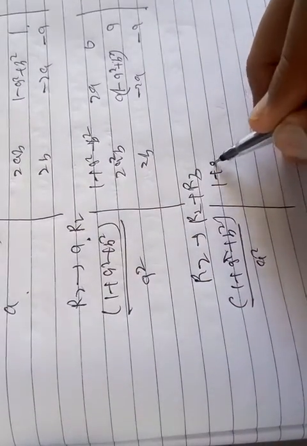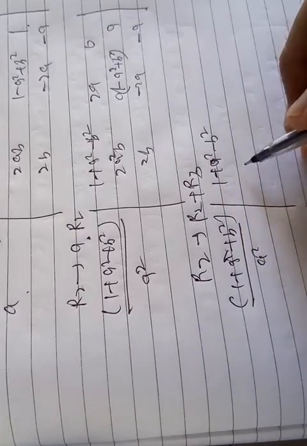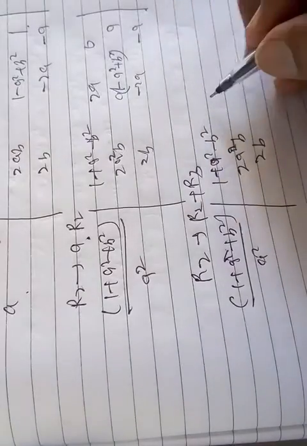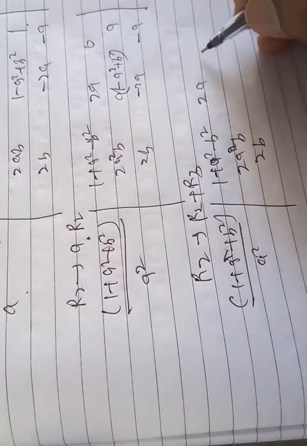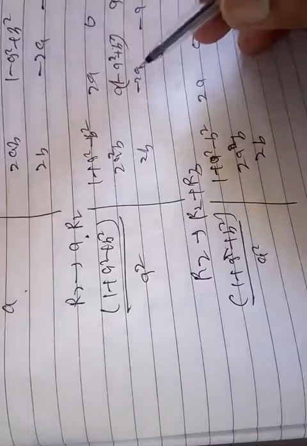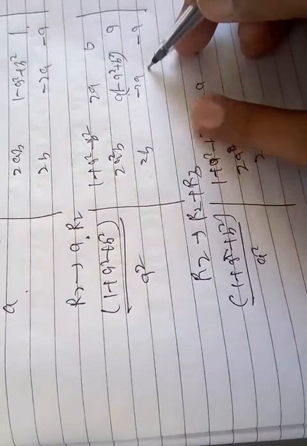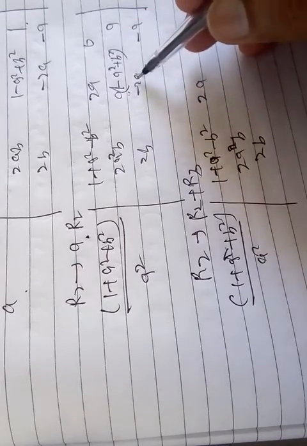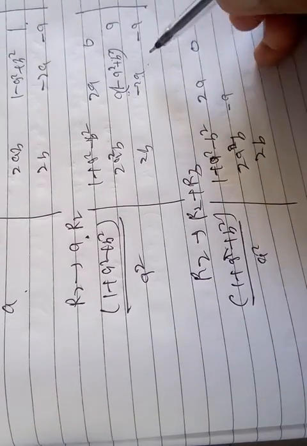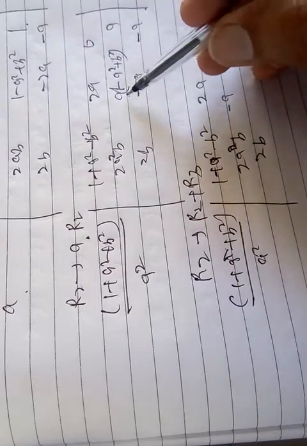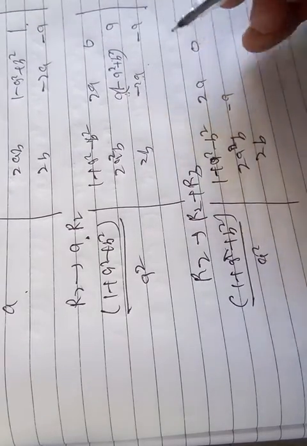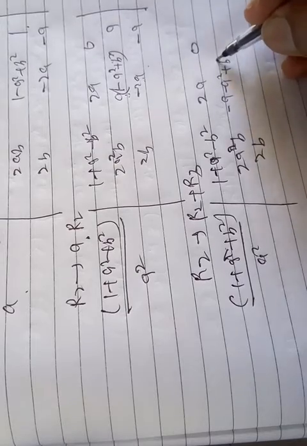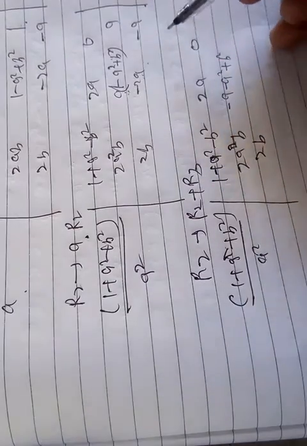Here 1 plus a square minus b square, 2a square b, 2b, this 2a 0, this change a, this minus 2a, already add a, minus 2a, so minus a, minus 2a and plus a, so minus a square plus b square, this value change.